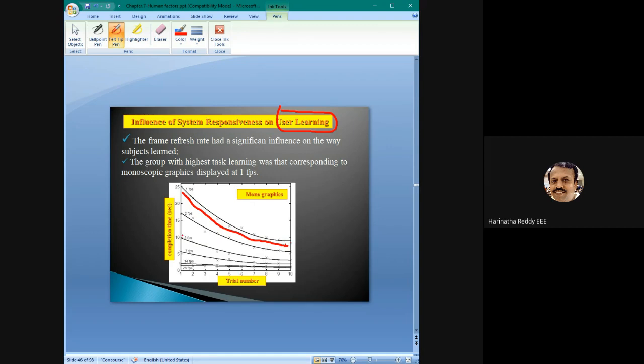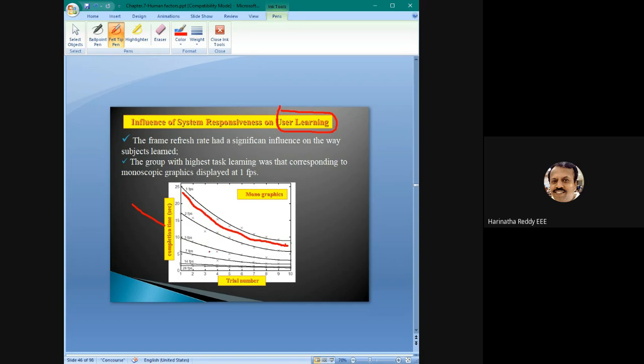Almost 11 seconds. But at the same 1 FPS, the task completion time for one trial is what? Nearly 25. So as you go on increasing the trials, you will be getting experience, and that will improve your completion time.